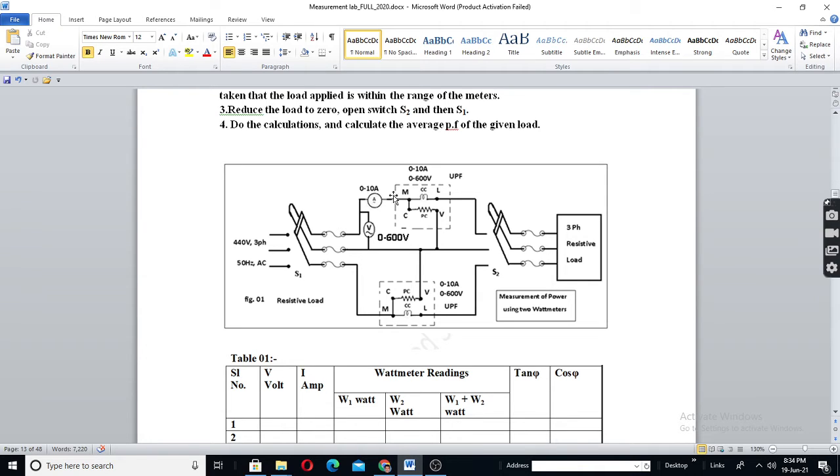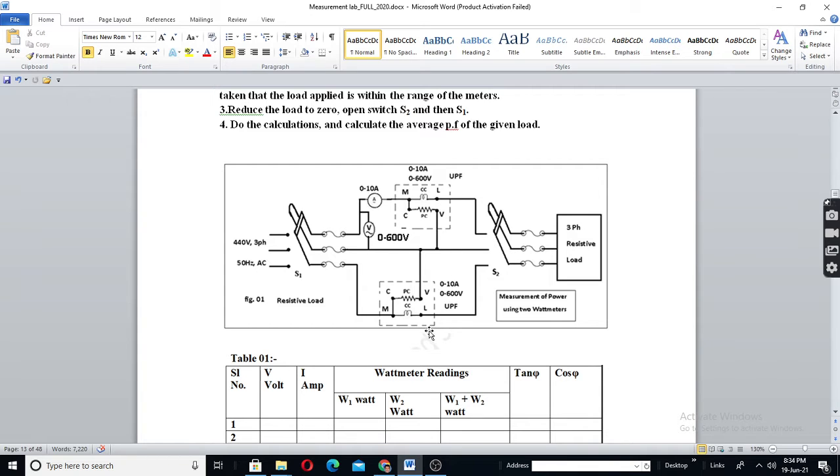So connection is like this. The current coil of each wattmeter, CC of wattmeter 1, this is wattmeter 1, say this is wattmeter 2, CC of wattmeter 2, both are connected in series with the load, and the voltage terminal of each wattmeter are connected to the other phase or other line.